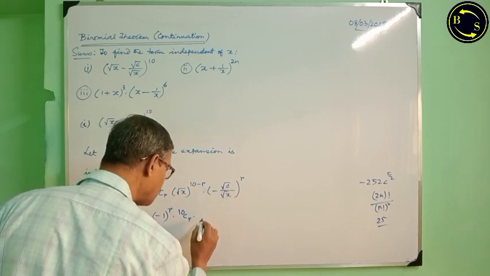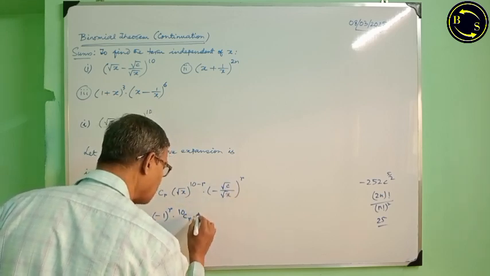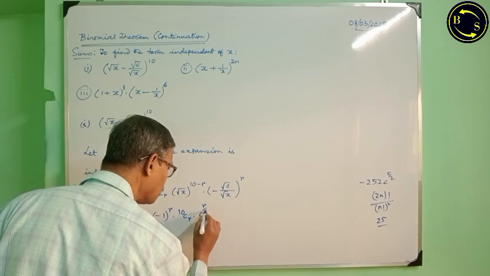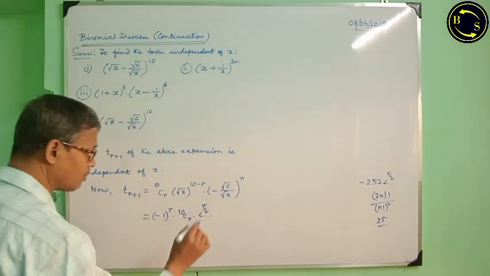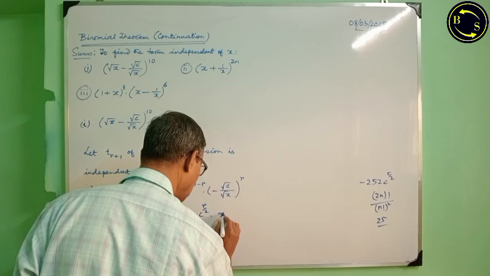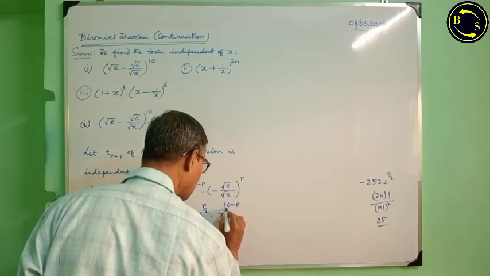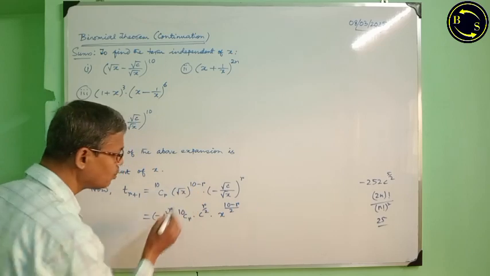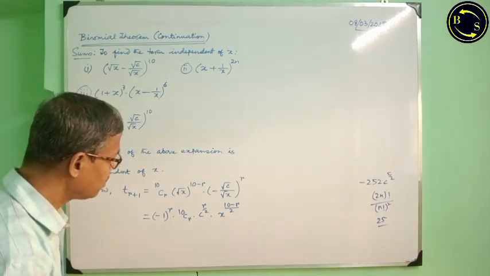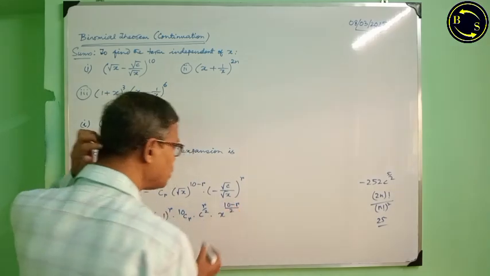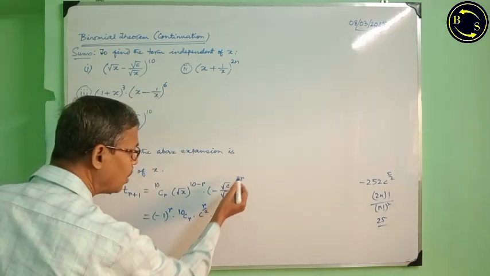into root c to the power r, that means c to the power r by 2, into x term, x to the power 10 minus r by 2, root x whole to the power 10 minus r, that means x to the power 10 minus r by 2, and this is root x whole to the power r.